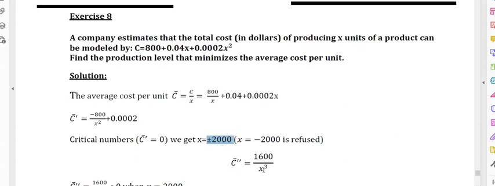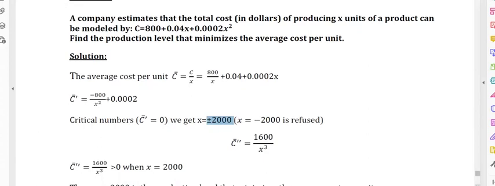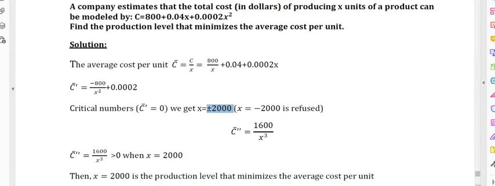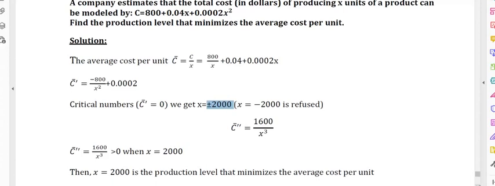So the derivative is 1600 by x to the power of 3. If we substitute x by 2000, which is positive, the power of 3 would keep it positive. So it means when the second derivative is positive, there is a minimum. So this is a relative minimum point, or where this function would get a minimum peak. So at x equal 2000, this is the production level that minimizes the average cost.